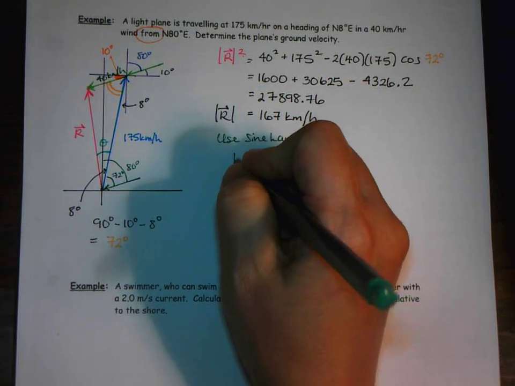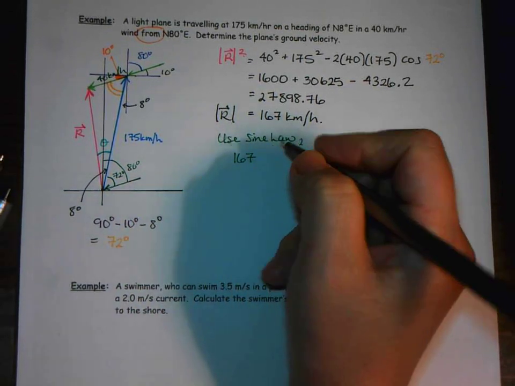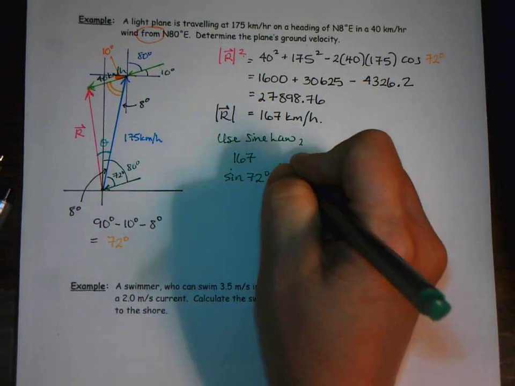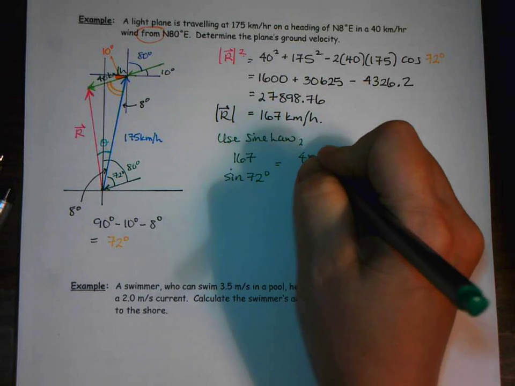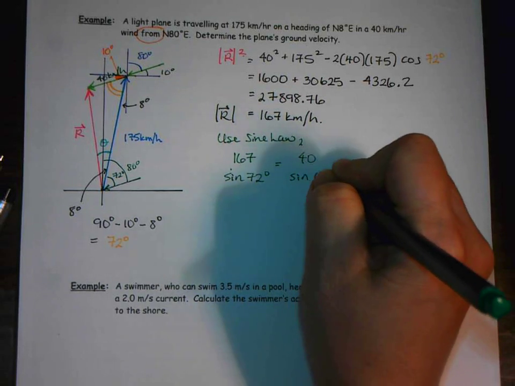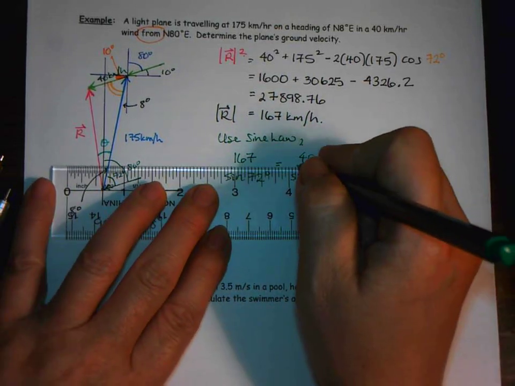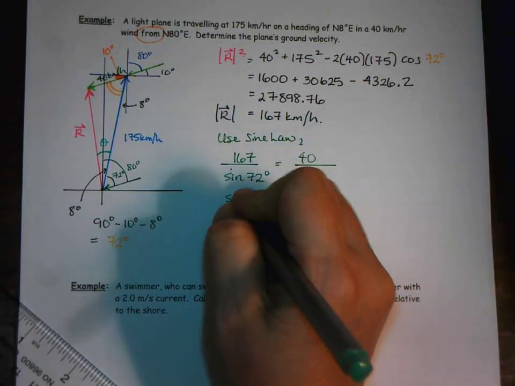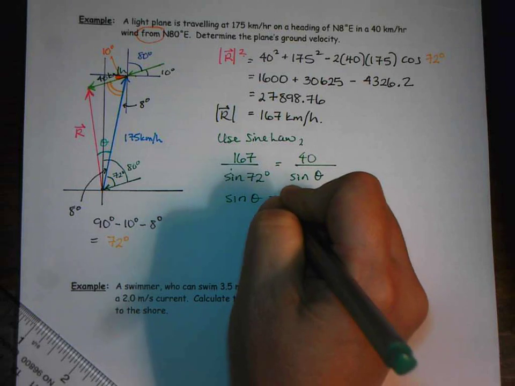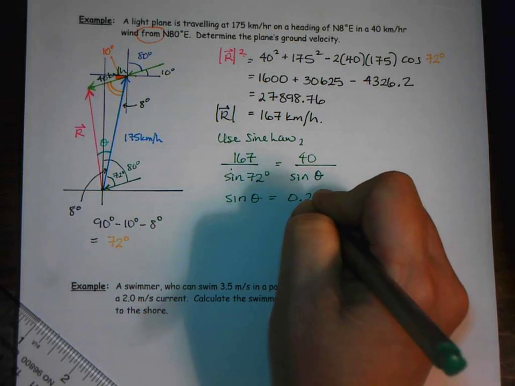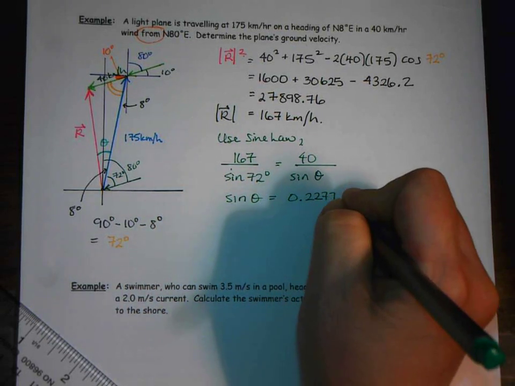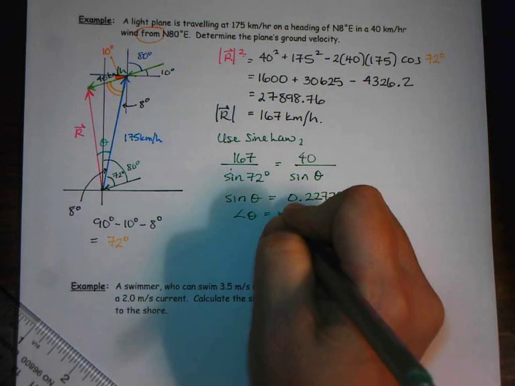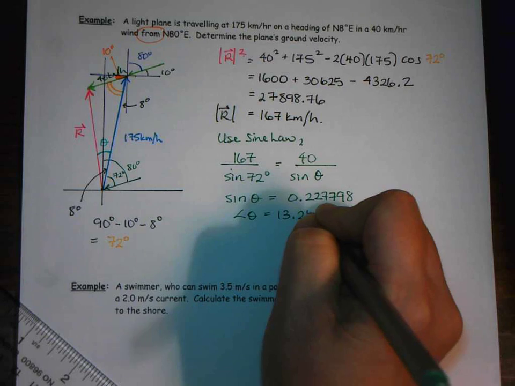So 167 over the sine of 72 degrees is equal to 40 over the sine of angle theta. Sine of theta comes out to be 0.227798, and angle theta comes out to be 13.2 degrees.